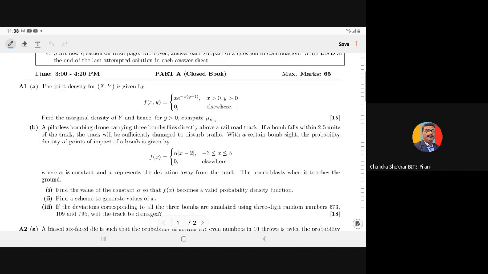Find the marginal density of y and hence, for y greater than 0, compute mu of x given y. This question belongs to joint distribution. Here the joint PDF is given, and first you have to determine the marginal density. Marginal density means for a particular random variable you have to determine the distribution.